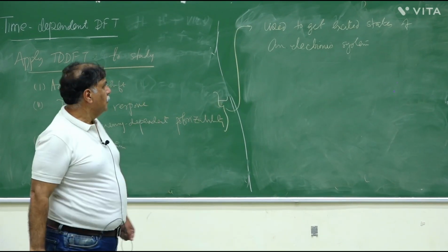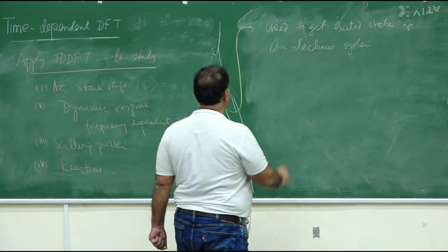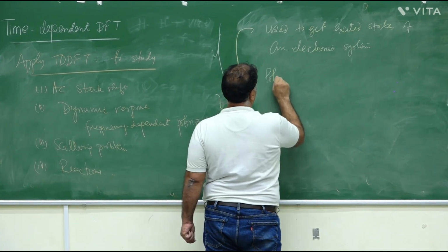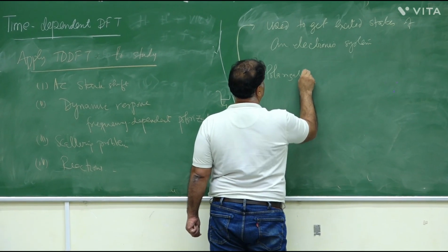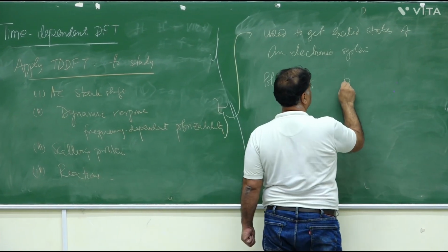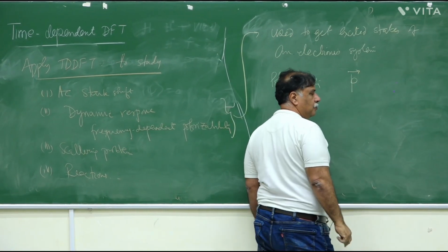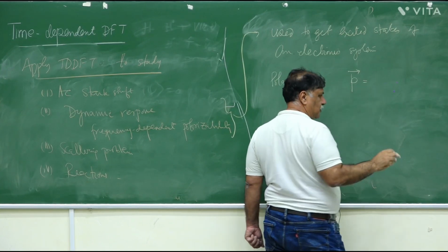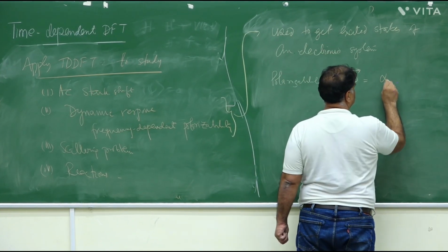Okay, also alpha(omega). So let me just define polarizability. It is the dipole moment induced. In general, it's a tensor quantity, but let me just write it like that.